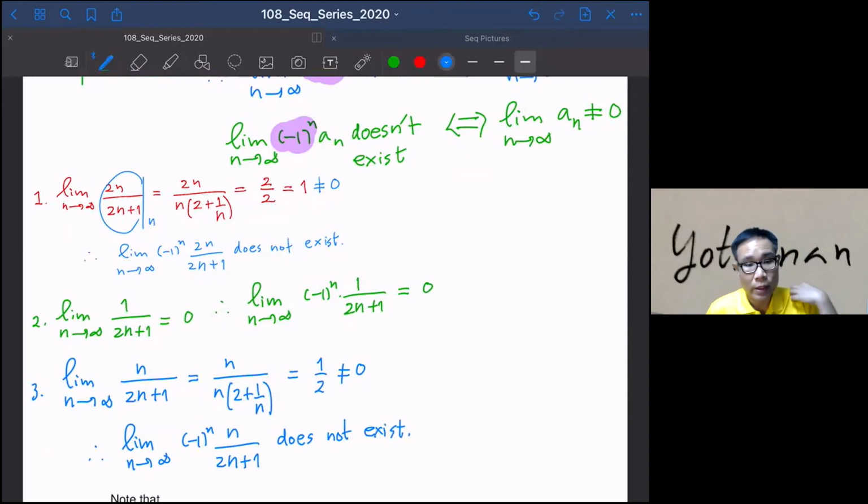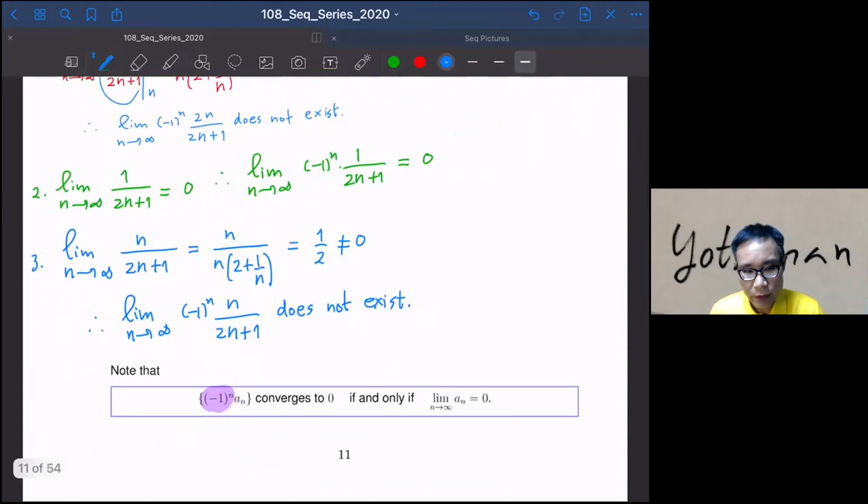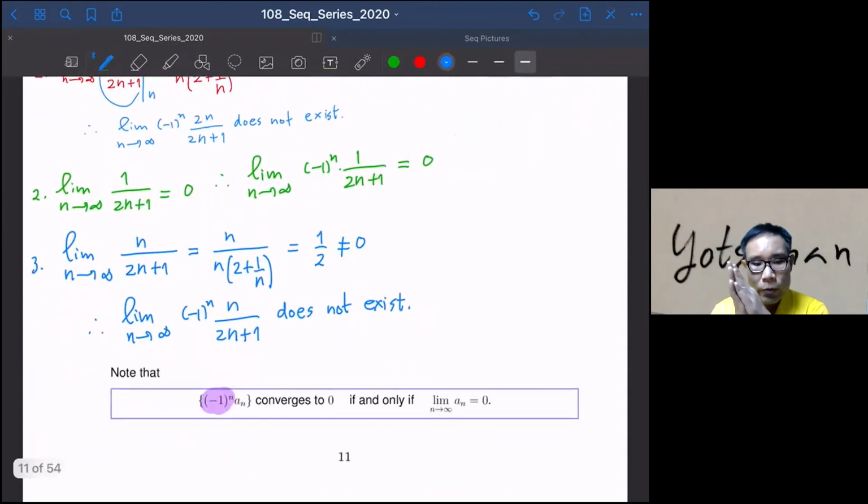So we have the limit does not exist when the limit of a_n does not equal 0. The conclusion here is about the alternating sequence.